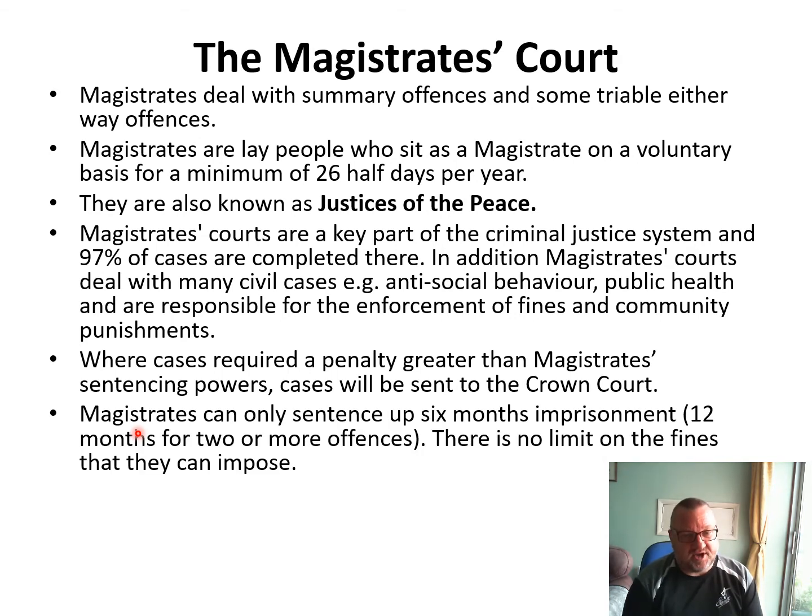Okay, so you've got to be careful here, because the law has changed very recently and some of the textbooks will now be wrong. This is correct. Okay, so if you are tried in a magistrate's court, the maximum sentence they can give you is 6 months imprisonment, or if you've committed 2 or more offences, they can go up to 12 months, so 2 6 months combined.